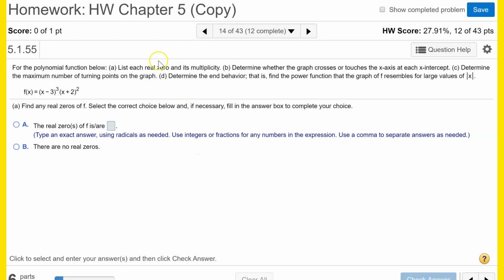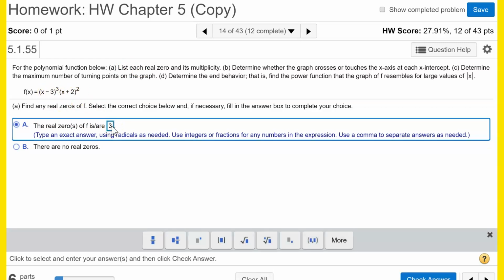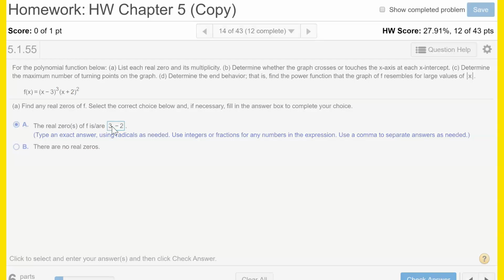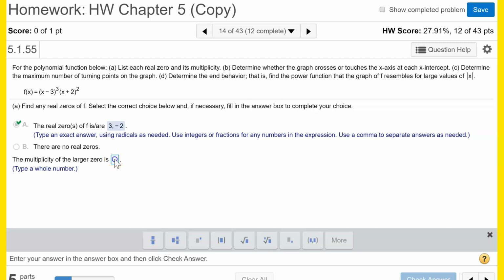All right. Again, list each real zero. The zeros here are going to be positive 3 and negative 2. The larger zero would be the 3. The multiplicity of the 3 is 3 because it occurs 3 times, x minus 3 cubed.